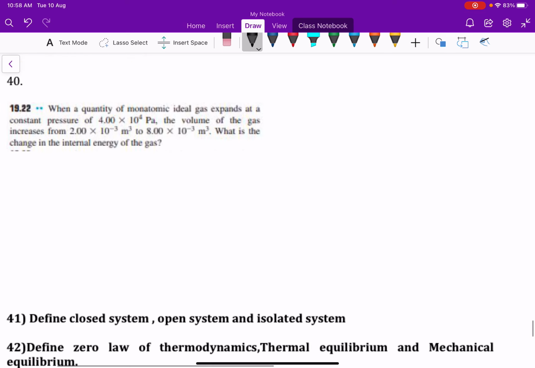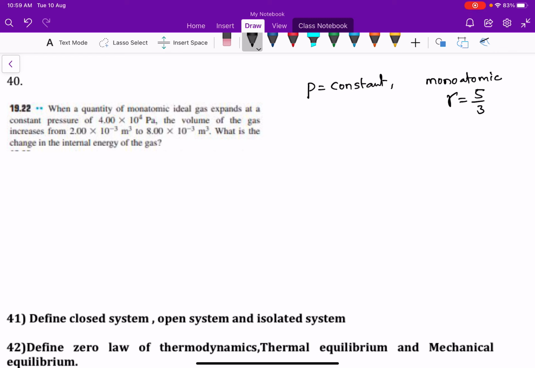And next, question number 40. When a quantity of monoatomic ideal gas expands at a constant pressure, here pressure is constant and the gas is monoatomic. For monoatomic gas, the gamma value is 5/3. In a rare question also he has given gamma equal to 5/3 for monoatomic gases.